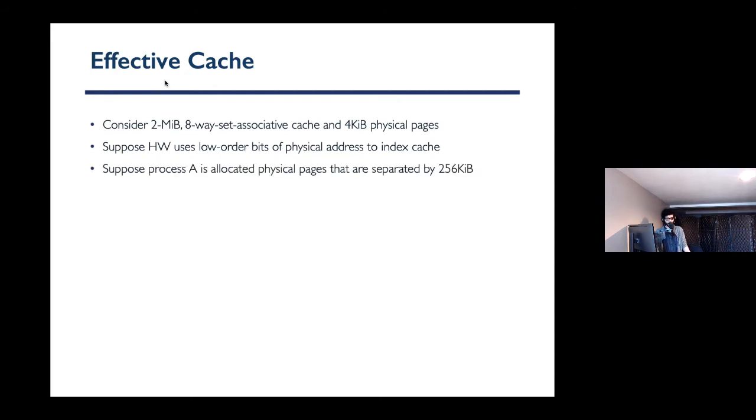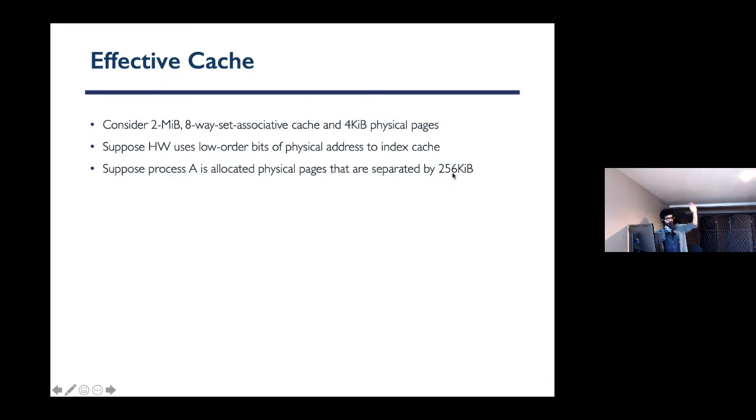Now what? Suppose that you have one process A, and for whatever reason, when the operating system was doing memory allocation, it assigned physical pages in physical memory to this process that are apart from each other by 256 kilobytes.